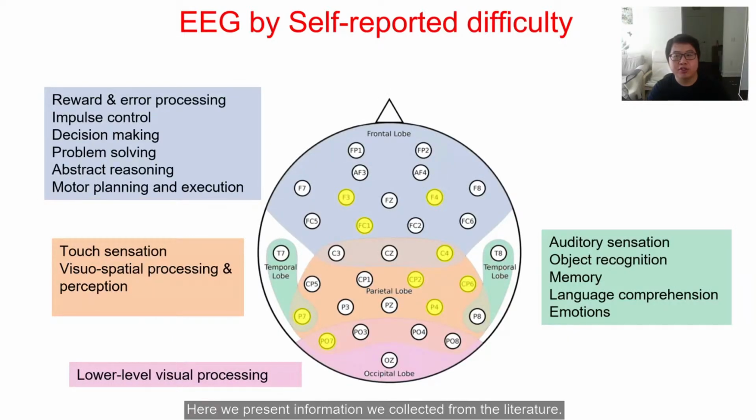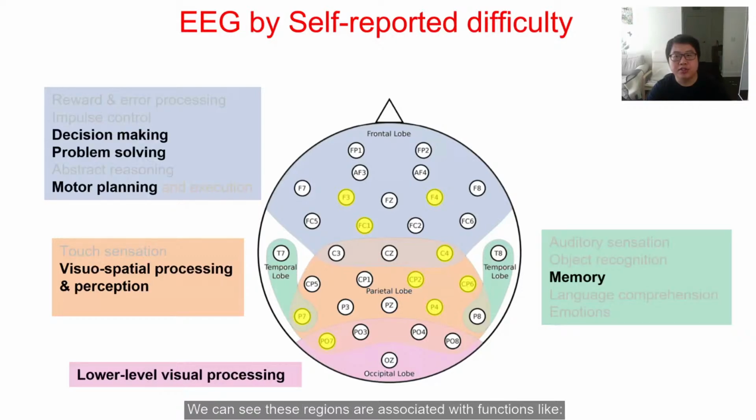Here we present information we collected from the literature. We can see these regions are associated with functions like decision-making, problem-solving, motor planning, visual spatial processing and perception, lower-level visual processing, and memory. These functions are required for completing our tasks.